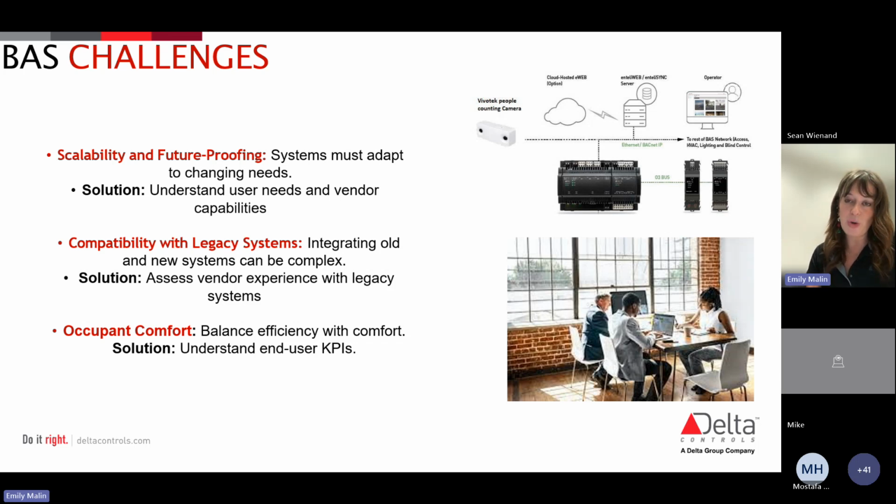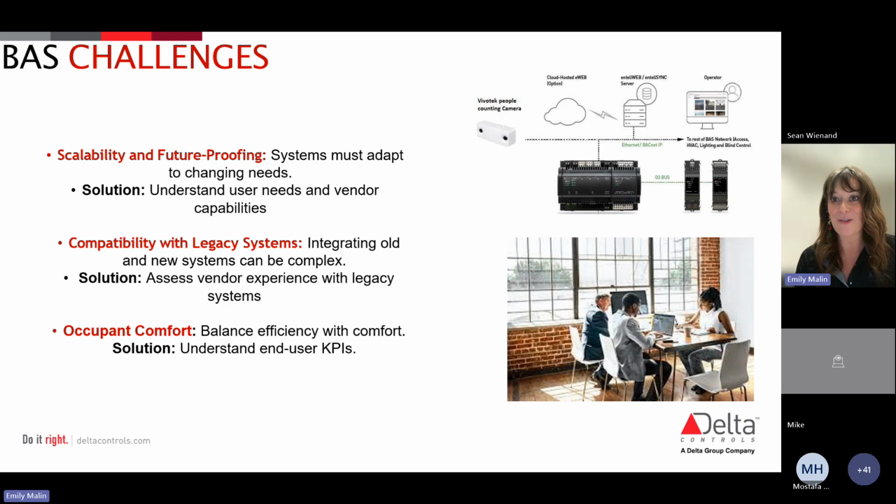But it's definitely something that you need to understand where your user is at, as well as where your user wants to go, and partnering with the correct vendors to get them to that place, right? We want to be able to future proof, but then as we go down the line, also be able to be compatible with all of our legacy systems. This is definitely something that we're seeing as a challenge in the industry right now, the fact that we're dealing with aging infrastructure.